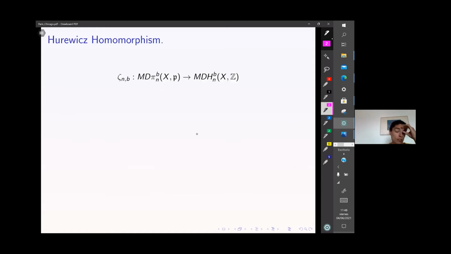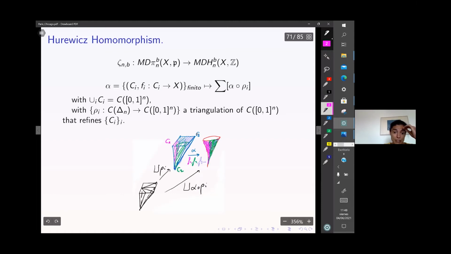We have a Hurewicz homomorphism from the homotopy groups to the homology groups. So an element in the homotopy is given, as I said, by a B map from the cube, okay, given by functions defining pieces of a certain covering. And what we do is we refine the covering, finding a triangulation.